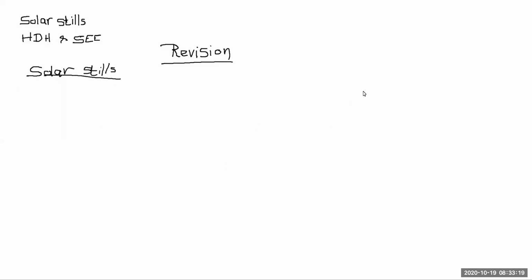So if I'm going to consider a solar still, we have a solar still and we have some water in it.